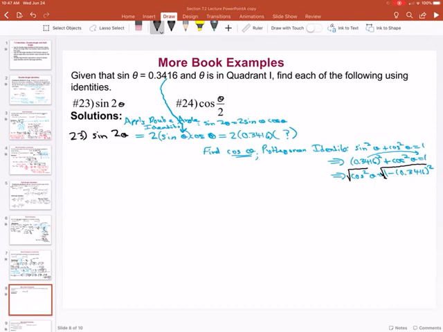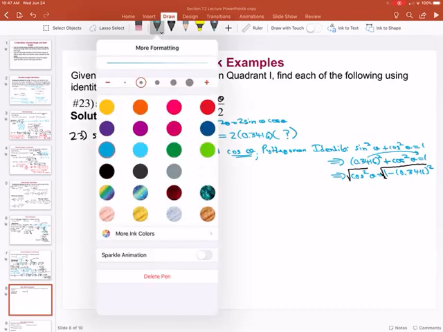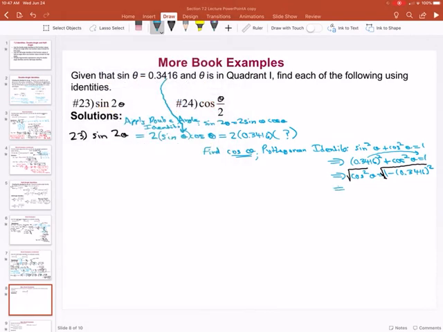Find the cosine of theta. So in the end, we have the cosine of angle theta equal to the square root of 1 minus 0.3416 squared. All right, let's go ahead and get our calculator out.